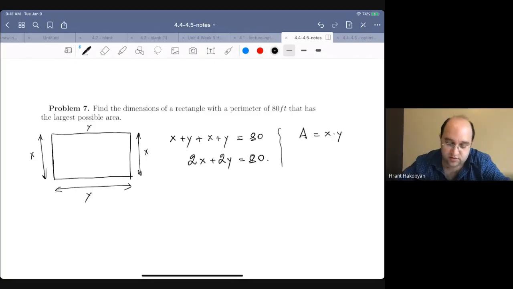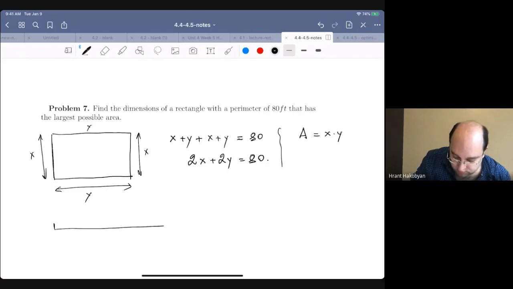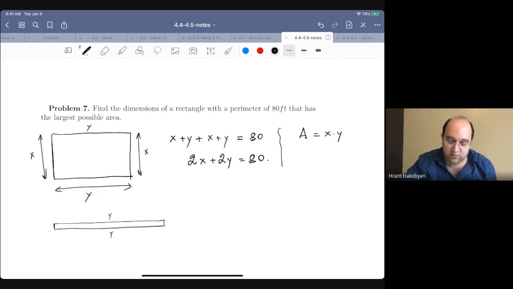Okay, so if this is 80, imagine that I took my x really small. Well, how large can y be? This one's y, this one y, and the whole thing is 80, so each one of them is at most 40, right?